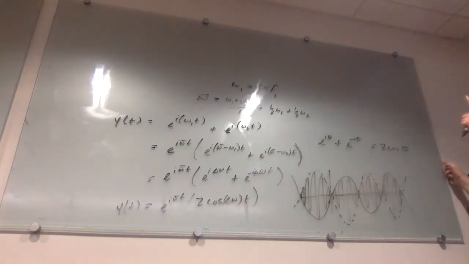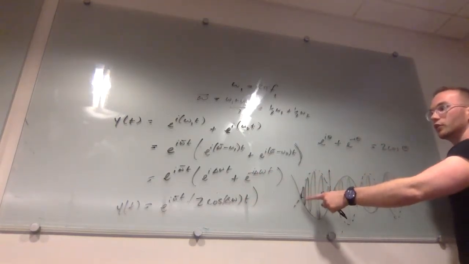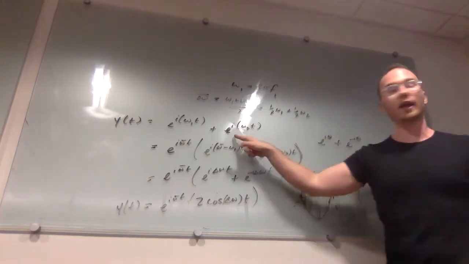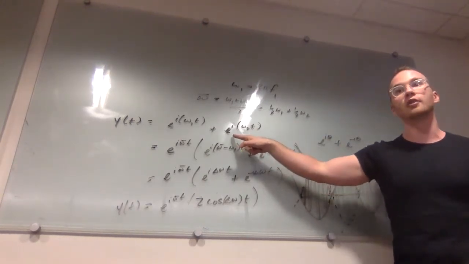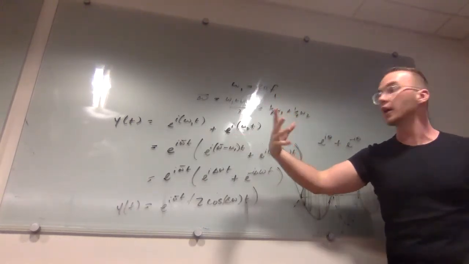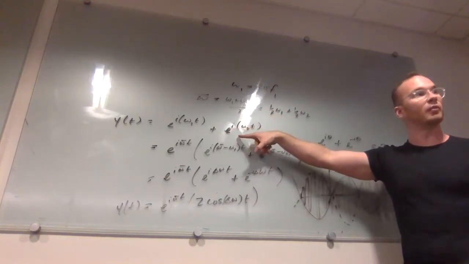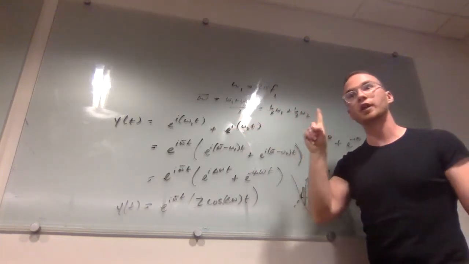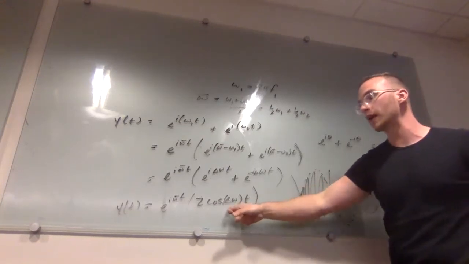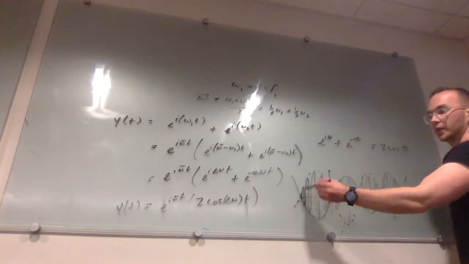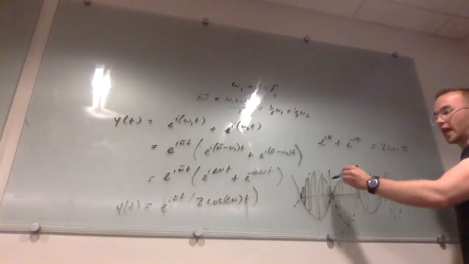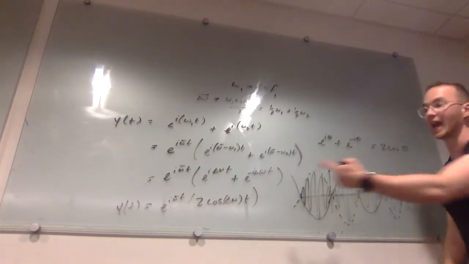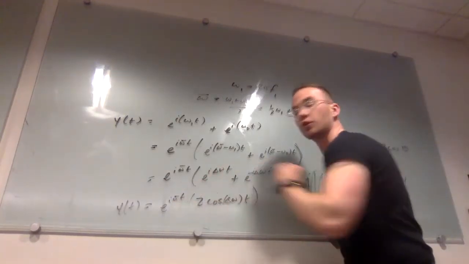Anyway, it doesn't matter. The point is that, like I said, two waves of slightly different frequencies were emitted, and what you hear is just the sum of them. But of course, you only hear one wave. When we wrote it as one wave, we actually saw that the one wave just has a very high frequency, about the average of those two frequencies.